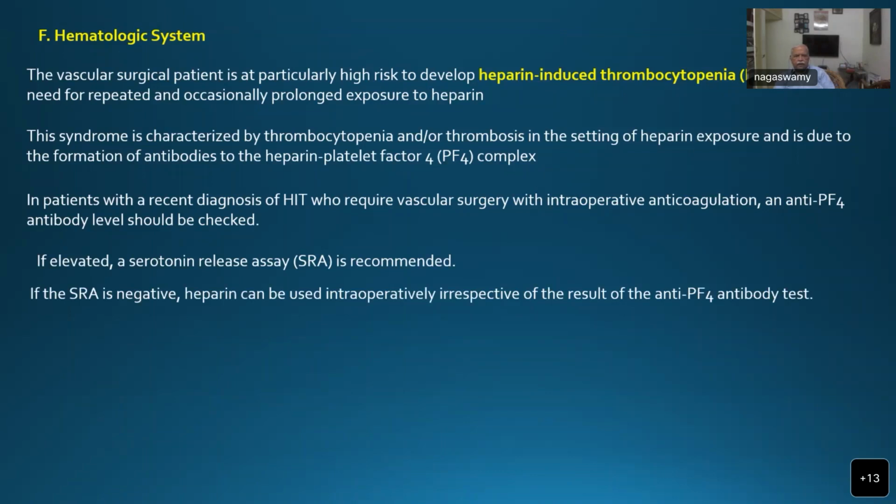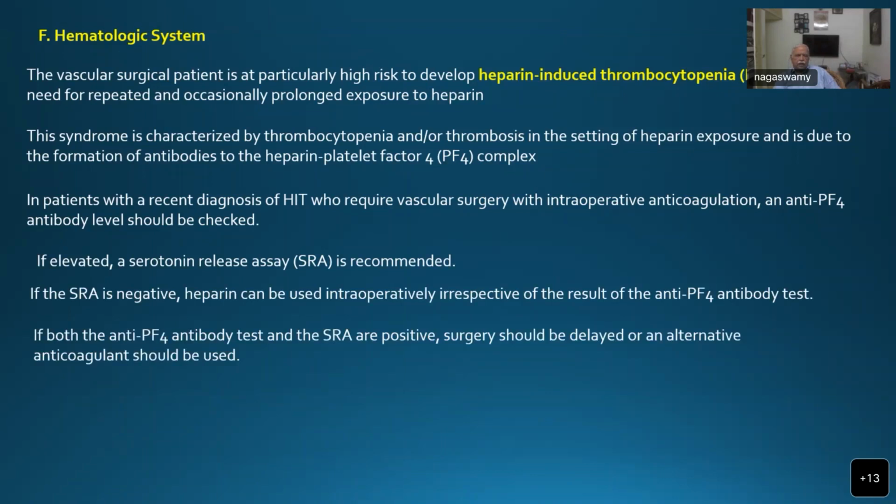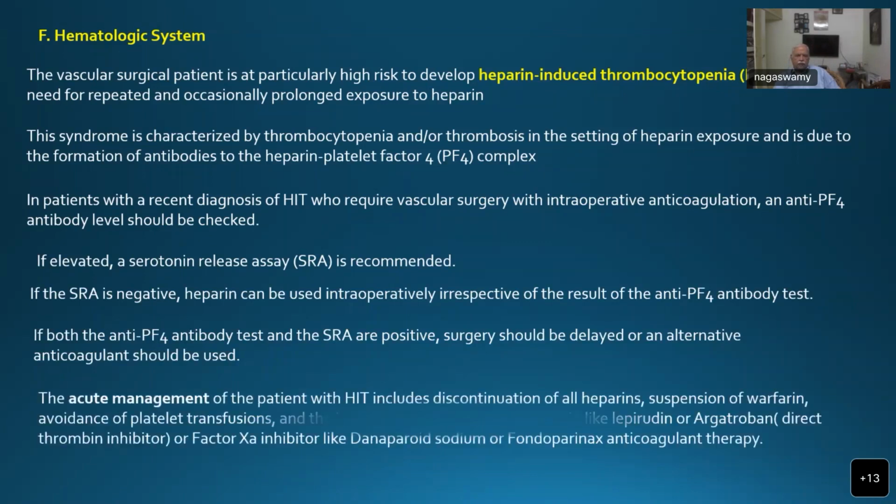And if SRA is negative, heparin can be used intraoperatively, irrespective of the result of anti-PF4 antibody test. If both anti-PF4 antibody and SRA are positive, then you should stop the heparin and go for alternate drugs like the non-heparin lepirudin or argatroban or factor 10A inhibitors like danaparoid sodium or fondaparinux. And you must avoid platelet transfusions also.